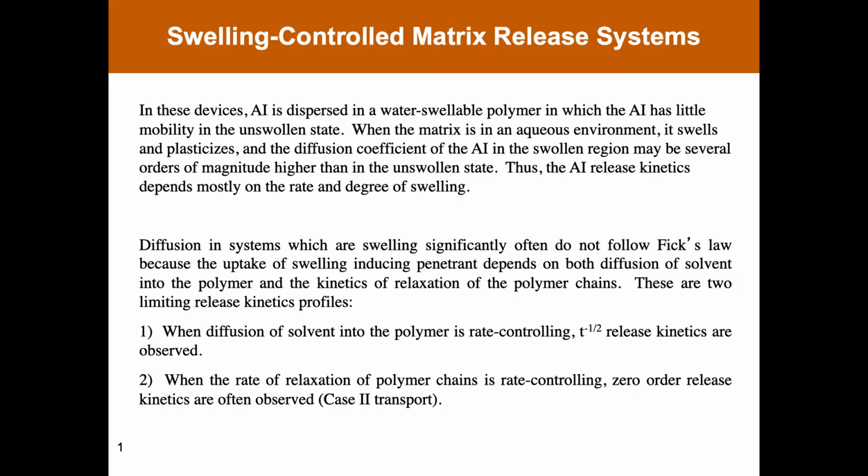And one of the approaches to release a compound that wouldn't ordinarily want to simply diffuse out of a membrane on its own is to incorporate it into a polymer that will swell in water or swell in the environment in which it's to be used, and the active agent can then diffuse out of that matrix once it's swollen and plasticizes.